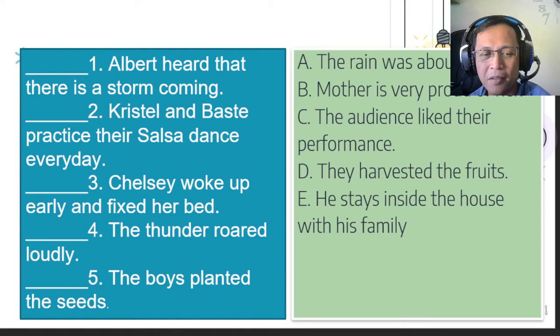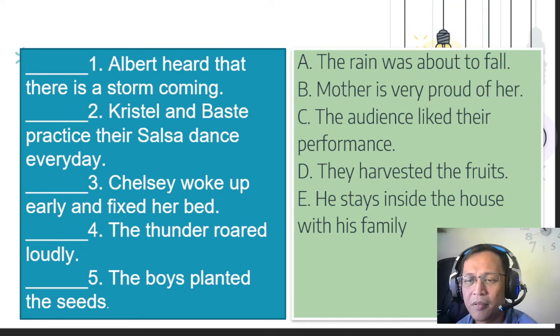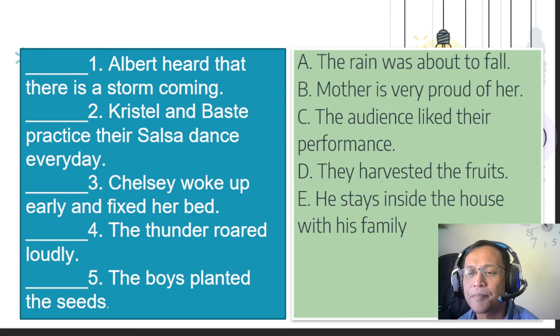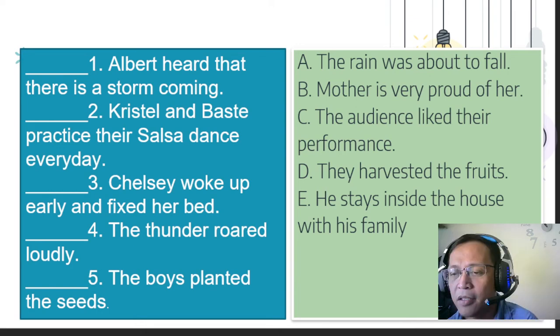Now, after doing the activity, here we have to learn the following techniques or the following tips on how to provide an ending to a situation or to a given story.